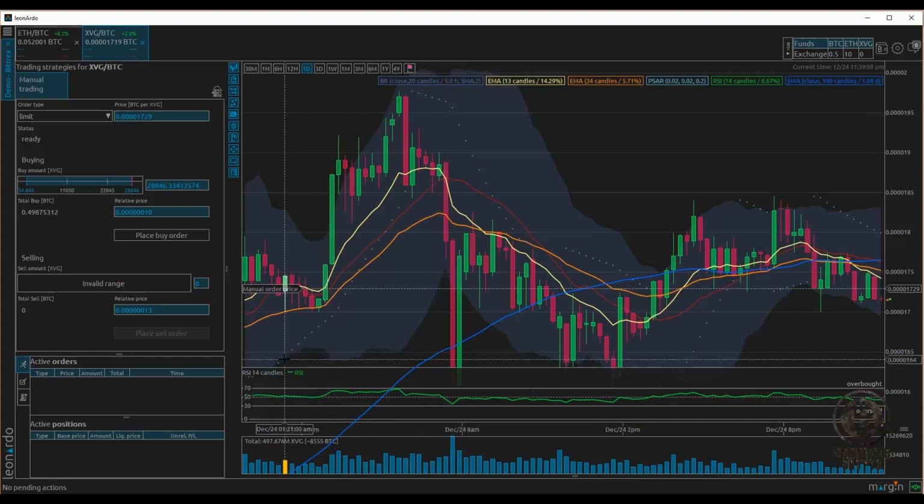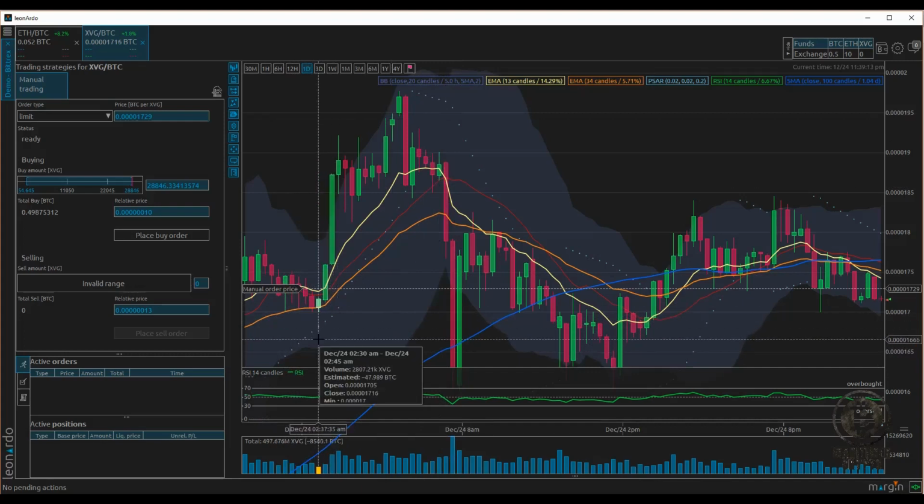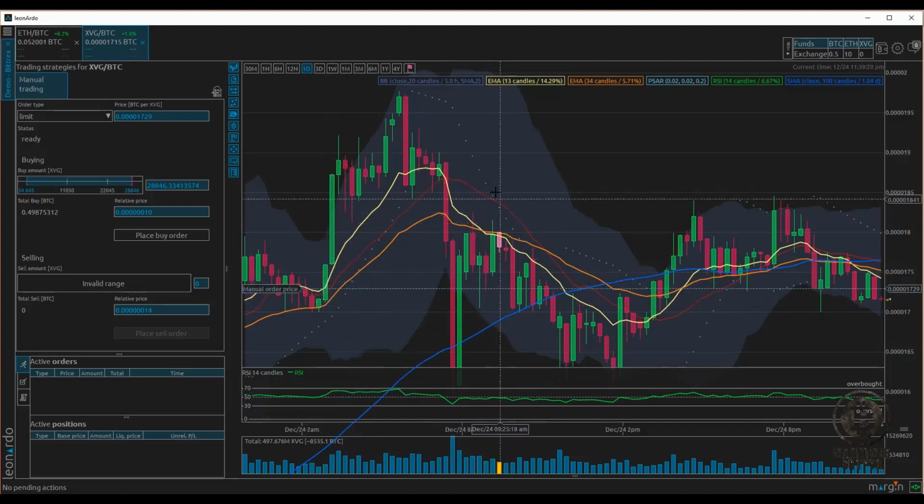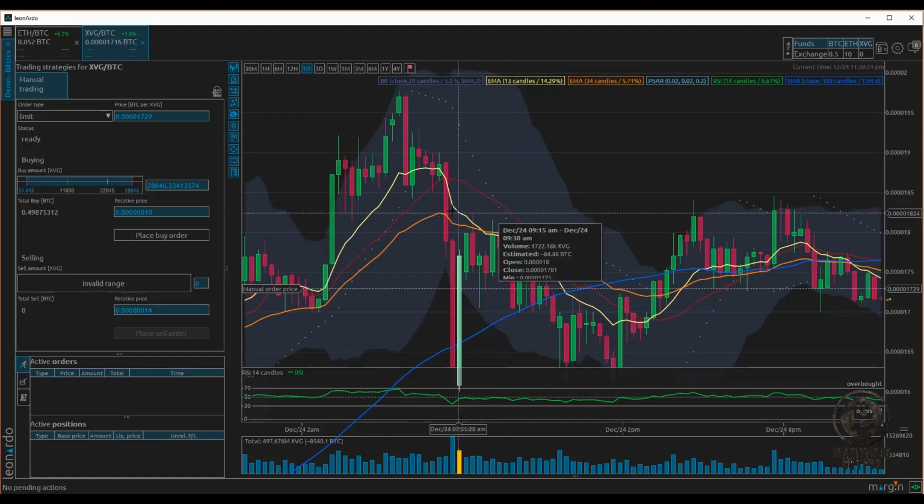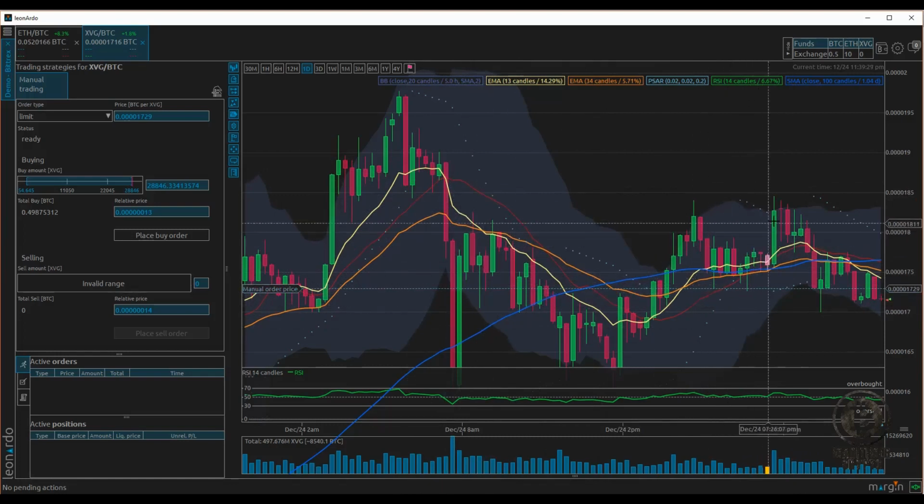The closer the dots are, it means it's a continuous trend, but once they start to get spaced out like here, it basically means the trend is about to shift. I mean, it's a minor indicator. I don't really pay much attention to it. I just have it, it just helps. For example, here you can see it goes down, up, and then down, up. So it's kind of funneling a little bit.